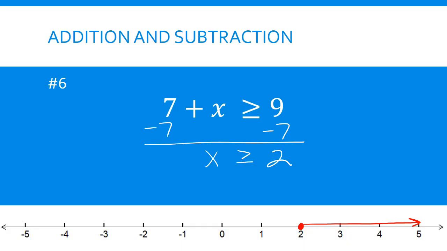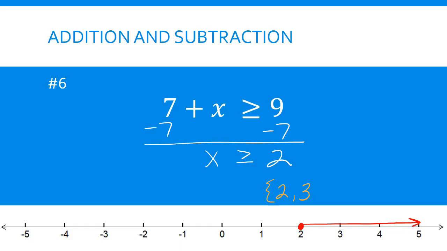What that tells us is the solution set for this inequality. It can be 2. If we filled in 2 for x, we'd have 7 plus 2 is greater than or equal to 9, so that would work. We have 3.